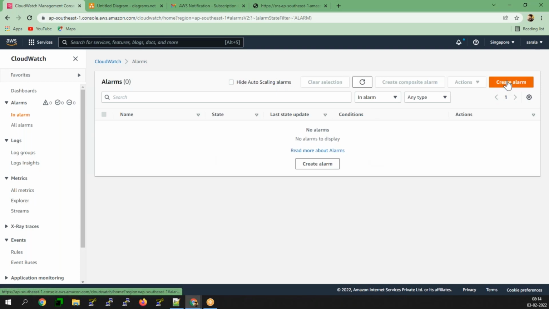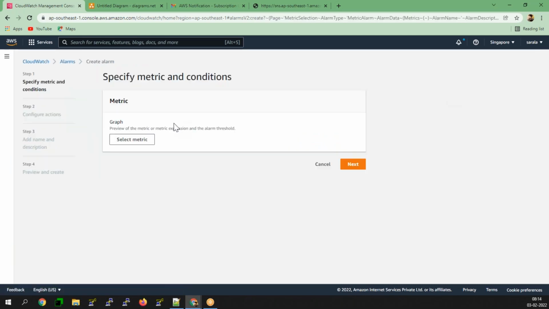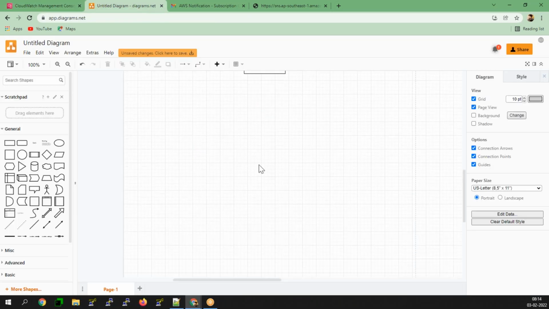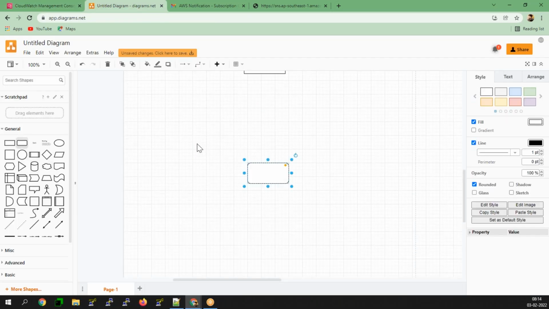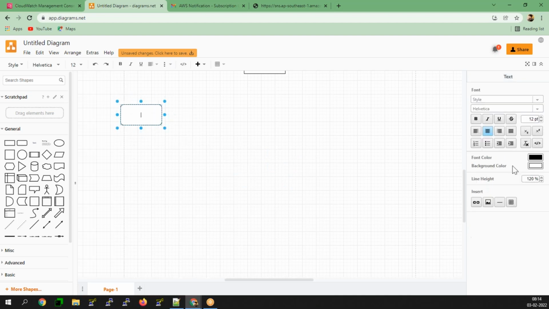So now create an alarm here. In CloudWatch, you have two monitorings here.